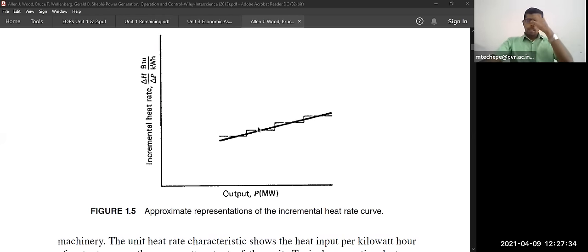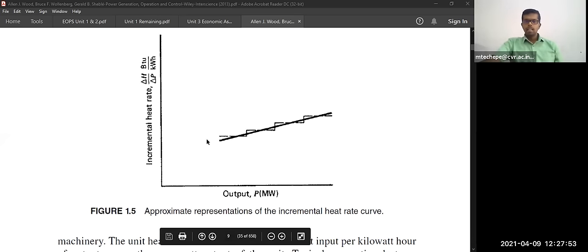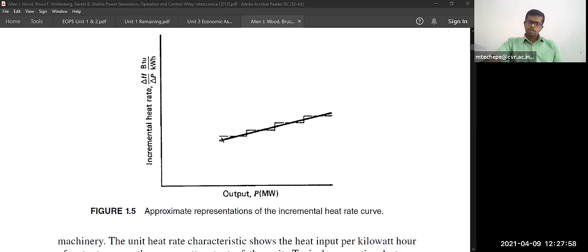The incremental heat rate is del H divided by del P. It keeps gradually increasing like this, again and again, so the curve is zigzag. To make it somewhat linear, we are considering it as somewhat linear. This is the actual curve, and this is the approximation we are making.